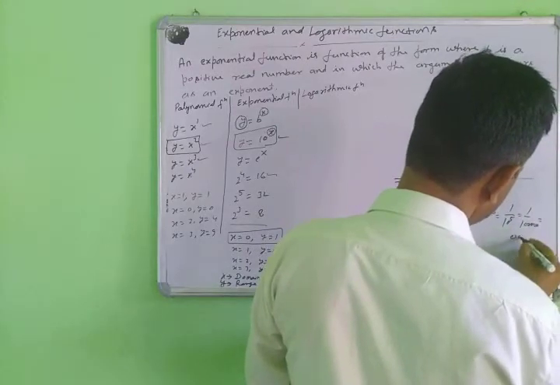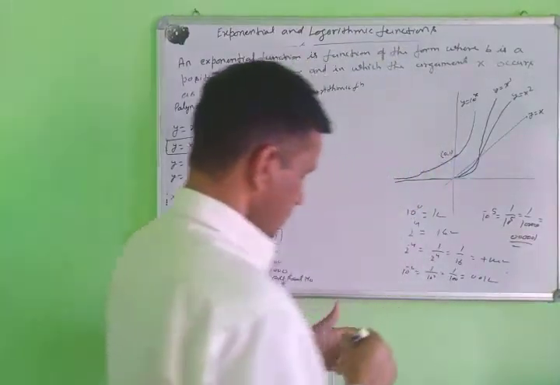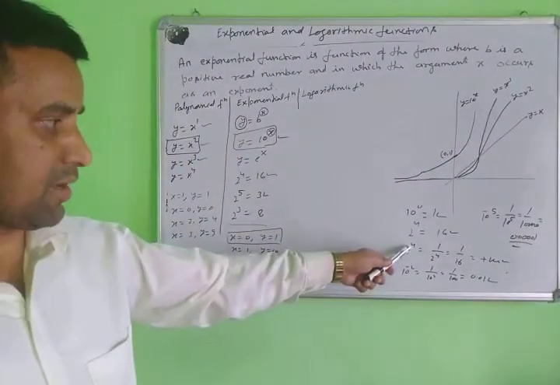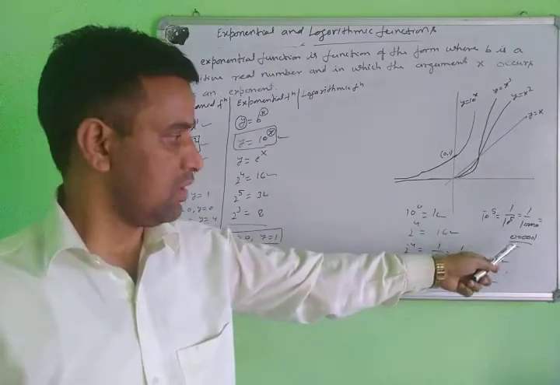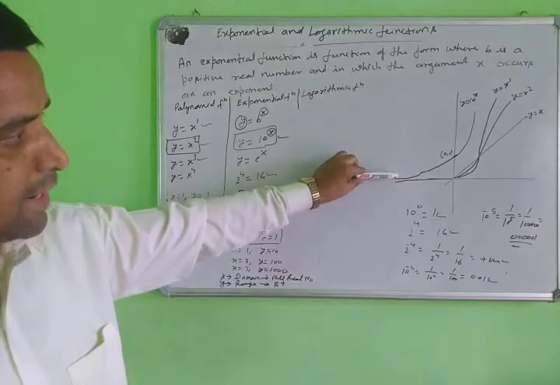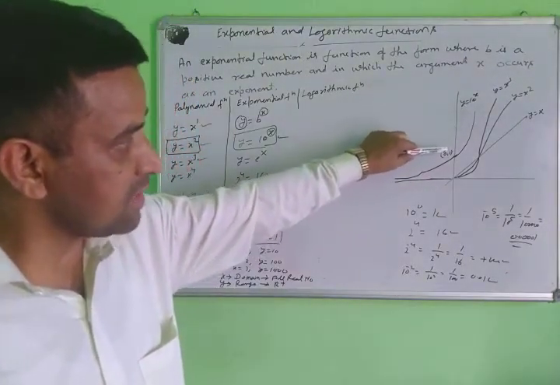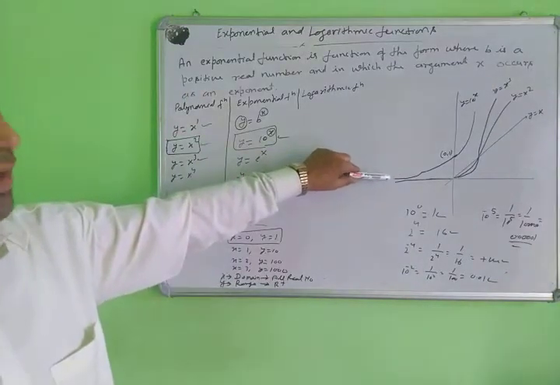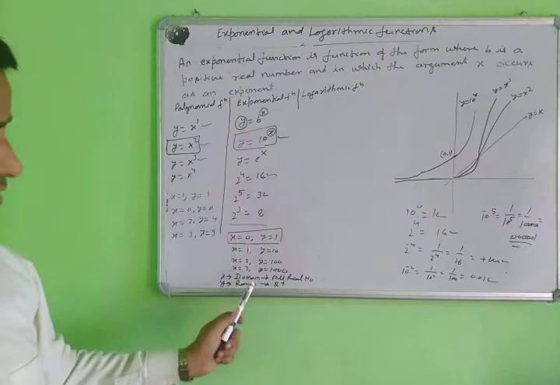So this will become 0.00001. It means when you increase the negative power here, the value will come nearest to 0 but not 0. The value of y will be nearest to 0 but not 0. It means the value of y never becomes 0 here or negative here. This is a salient feature of the exponential function.